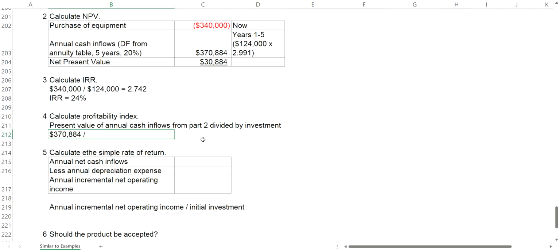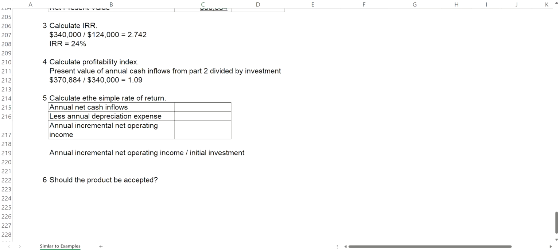And then divide it by the investment, the cost of the equipment, which was $340,000. Okay, so when you do that, you get a profitability index of 1.09, and that can be compared with the profitability index of other options. And of course, you would want to choose the one with the highest profitability index.